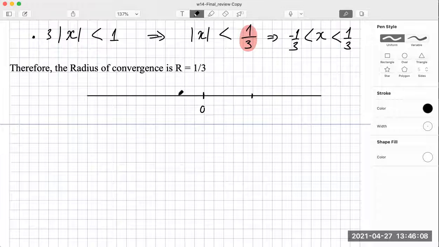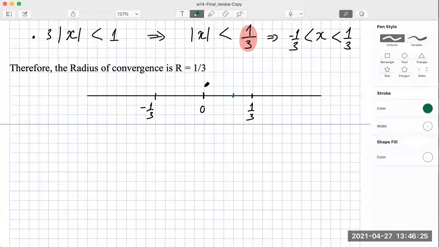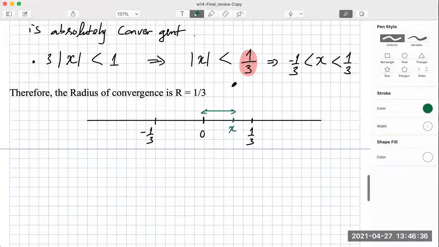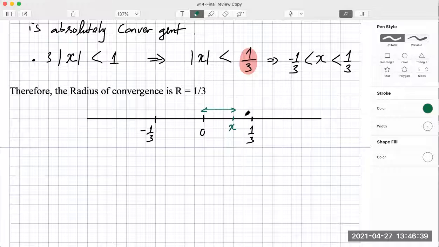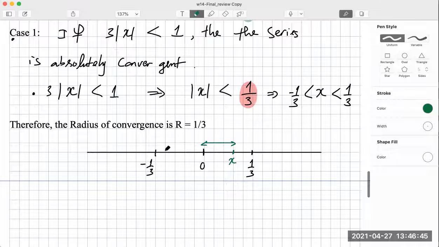Suppose in this case x is any point between negative 1/3 and 1/3, we see that the distance from the point x to 0 here is definitely smaller than 1/3, right? Makes sense. That is the graphical meaning of absolute value. Anyway, now the first case, when x is between here, then it is absolutely convergent.